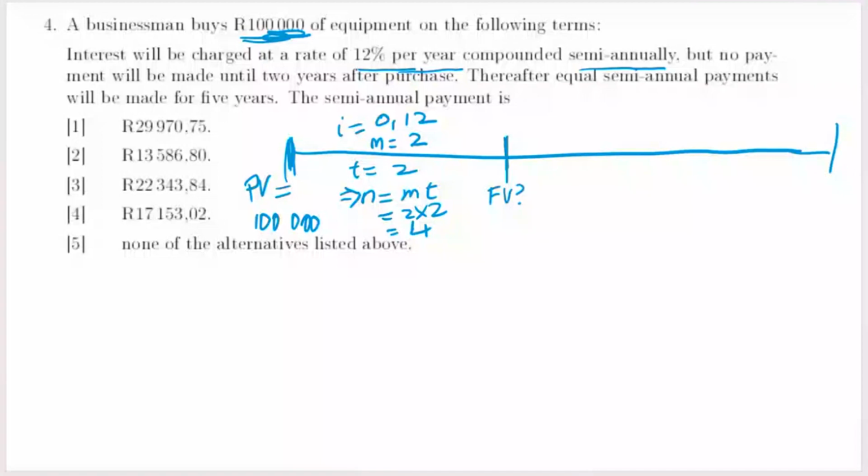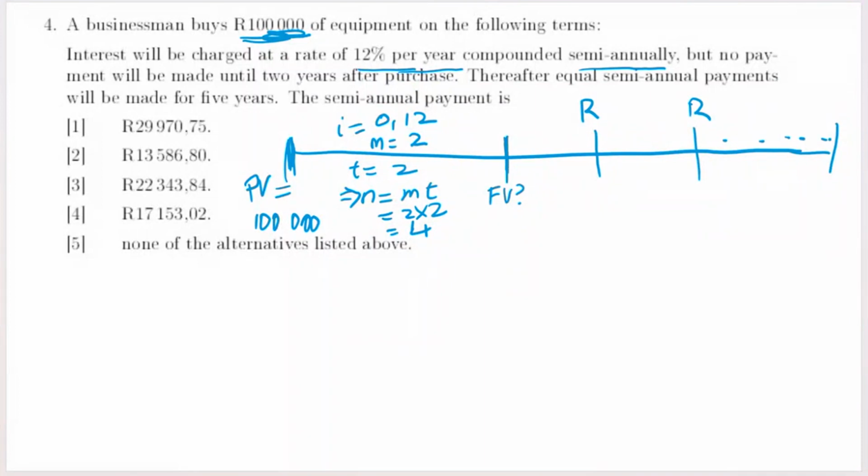It's an ordinary annuity. It is just saying you are getting equal semi-annual payments. So the payments are made semi-annual. You don't know those payments, for 5 years.